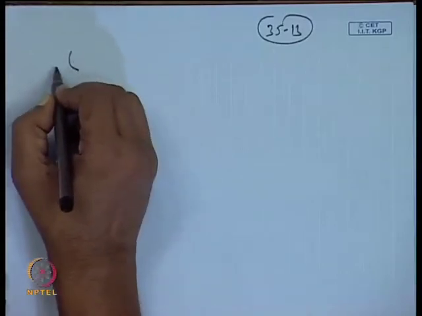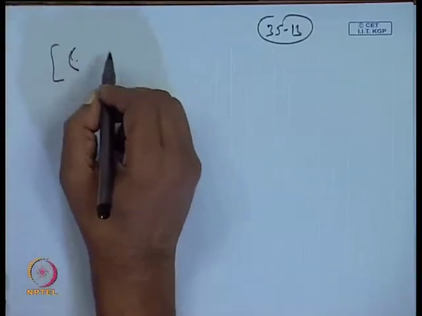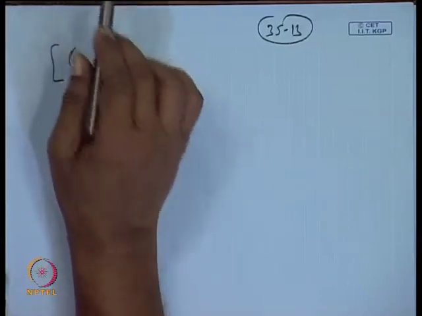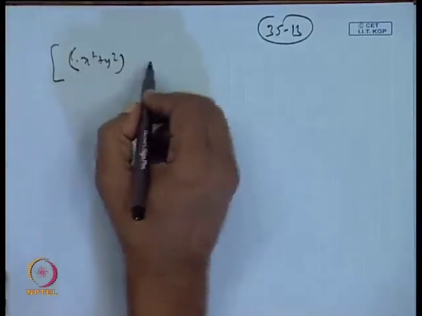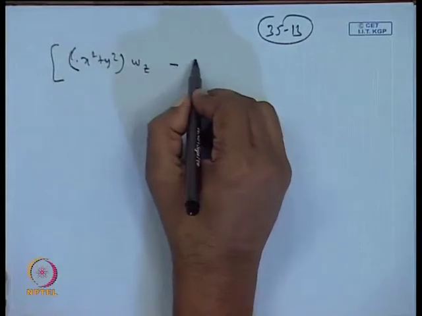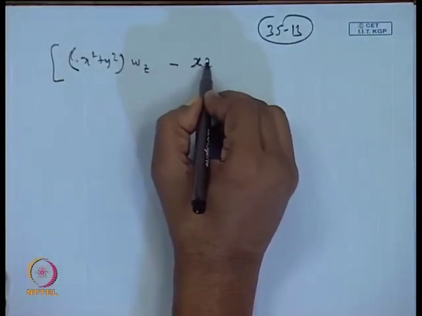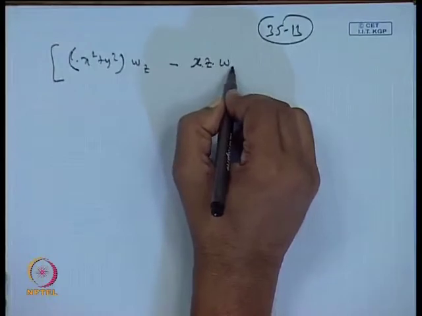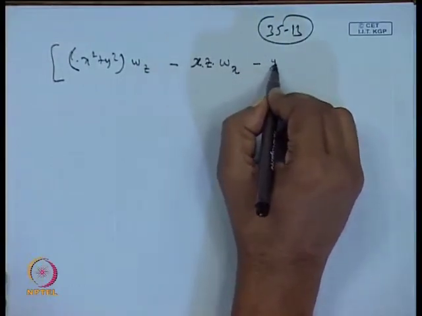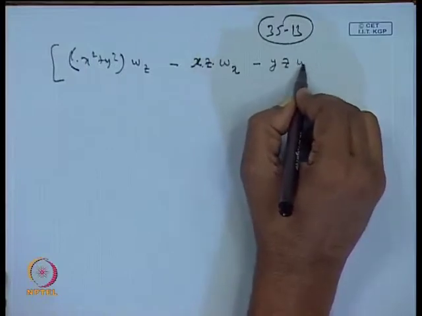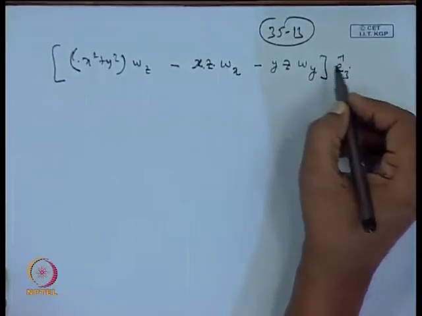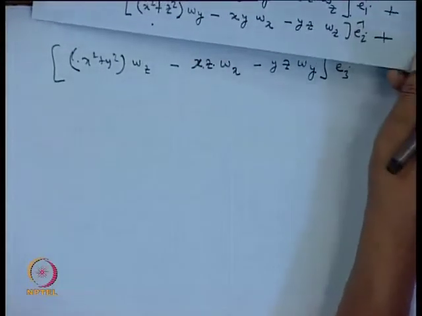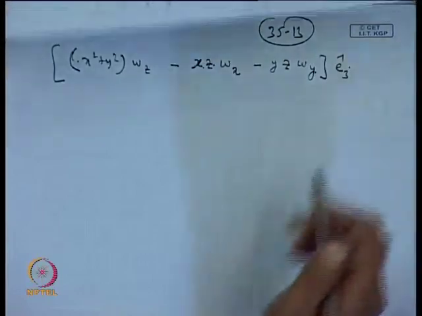The third term will be, so y z, x square plus z y square plus z square, we have taken x square plus z square. So, this is basically a cyclic thing, x times z.